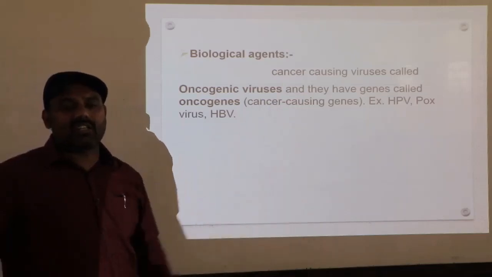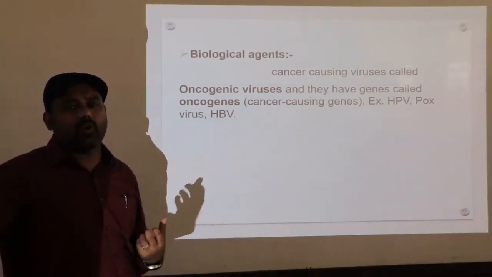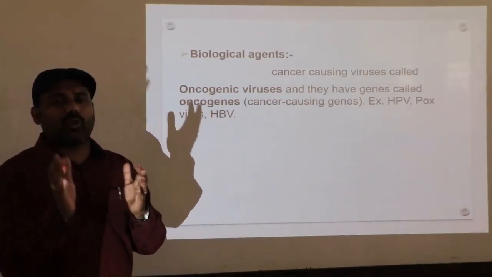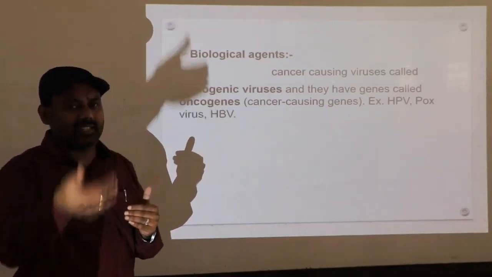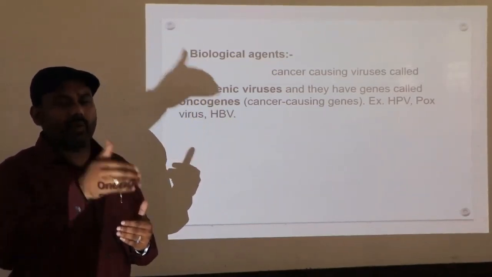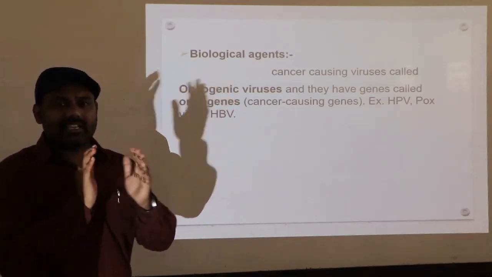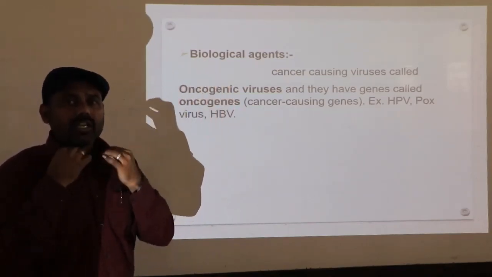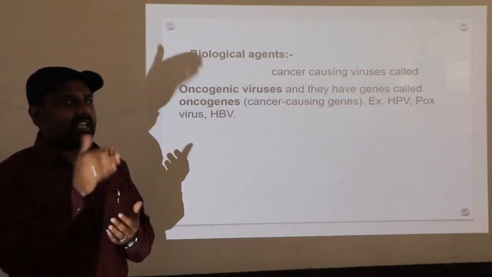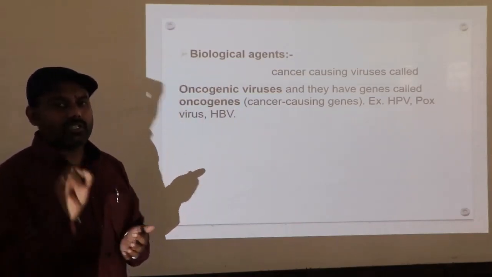Those genes that can cause cancer are called oncogenes. Once again, those viruses which are ready to cause cancer are called oncogenic viruses, and they have genes which are responsible for causing cancer. Those genes are called oncogenes.